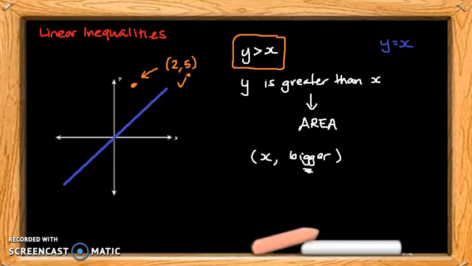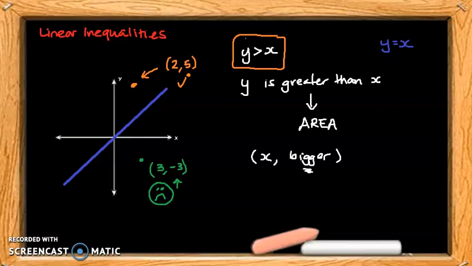If I have a look somewhere else, let's imagine here, this might be the point at 3 and negative 3, I can see my y point here is less than x. This doesn't satisfy the rule.